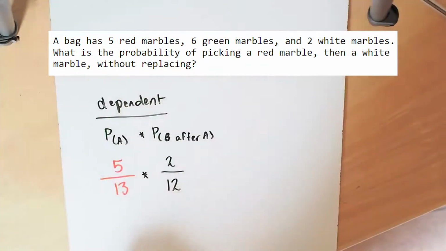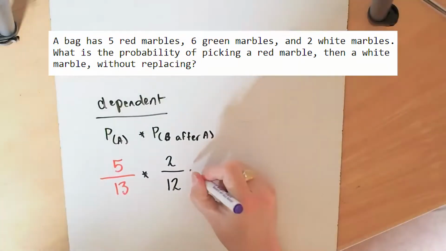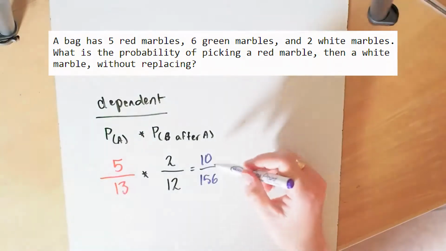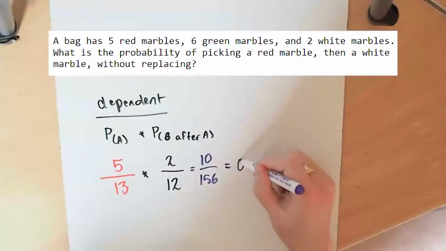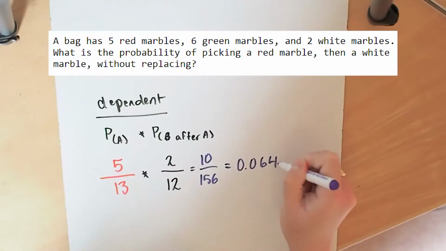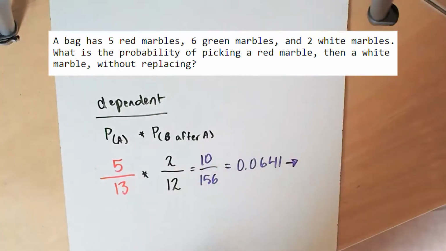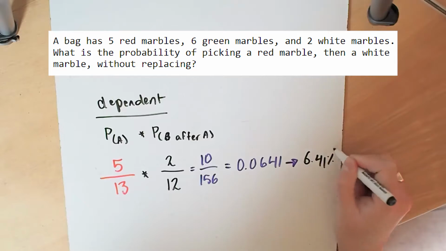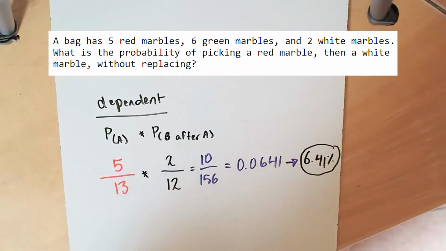Okay, so going ahead and multiplying this out, we'll get 5 times 2 over 13 times 12, so we'll get 10 over 156. And when we divide 10 by 156, we get 0.0641, which we can revise to say that's about 6.41%. So that's saying the chances of picking this exact combination of marbles out of a bag is really pretty small. Good luck with that.